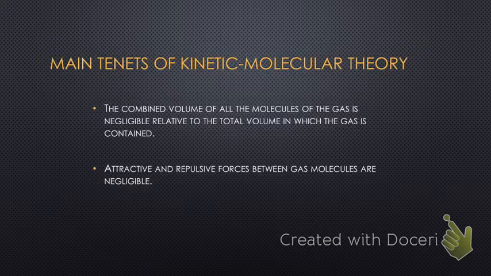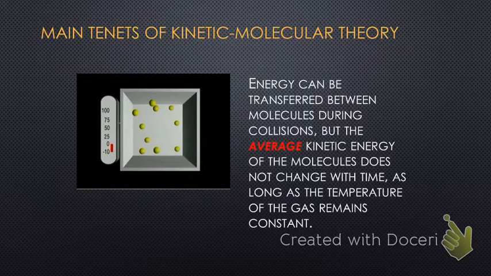So what happens when a molecule hits another molecule while traveling really fast? One molecule will take the energy from the other molecule whenever it hits. However, if you add up all of the energy of the molecules in the container, even though it's being transferred from molecule to molecule at any time, the average energy of those molecules as a whole does not change with time as long as temperature doesn't change.